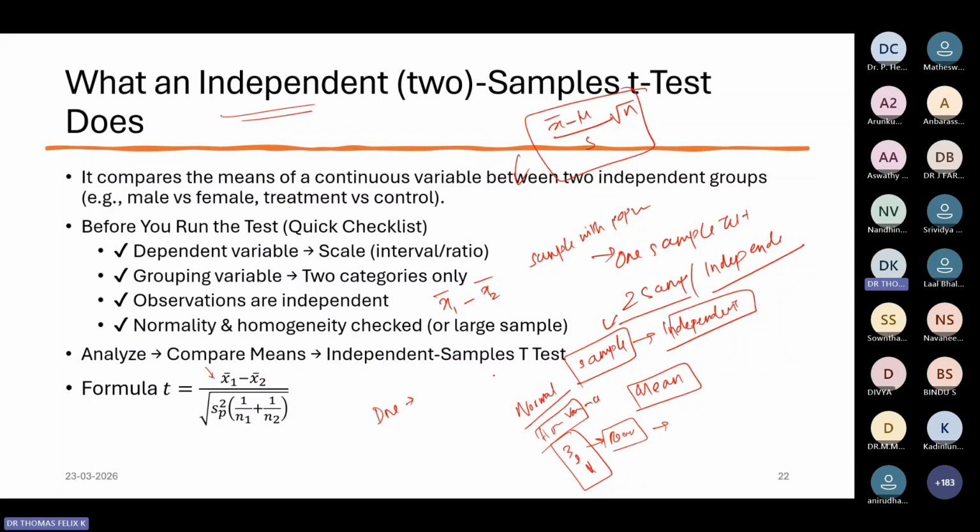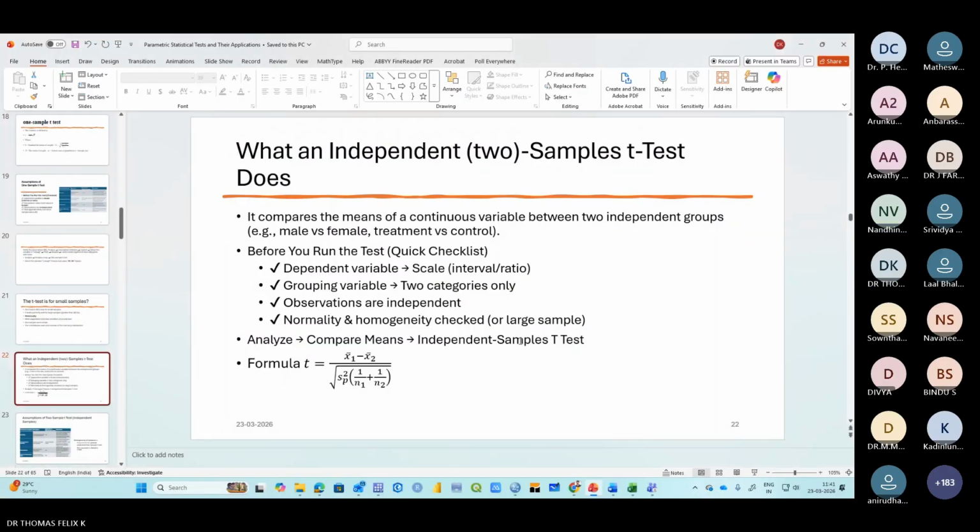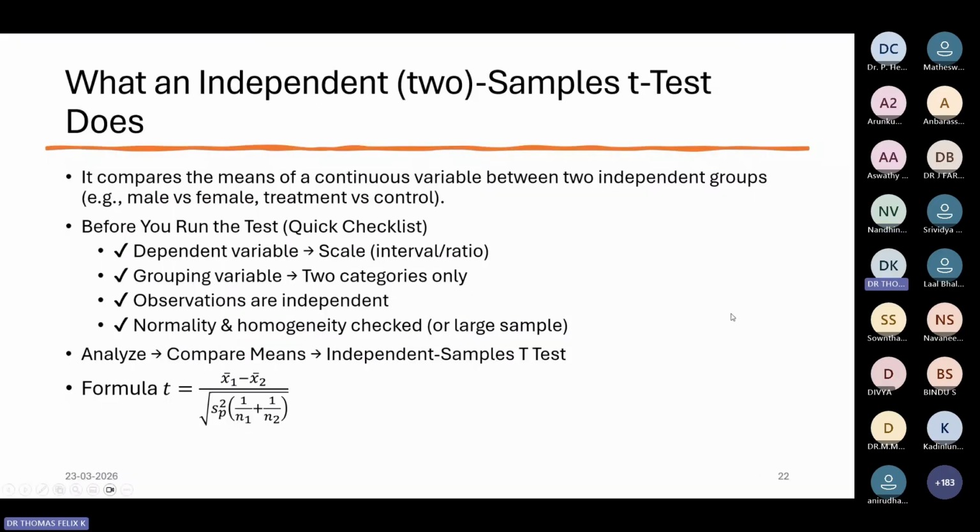I am going to give a scenario. I have two different types of car: one is the domestic car, and the other is the exported car. I have their respective miles per gallon.